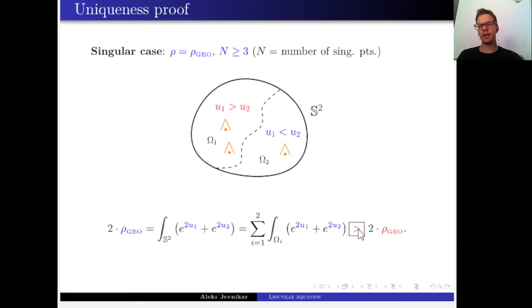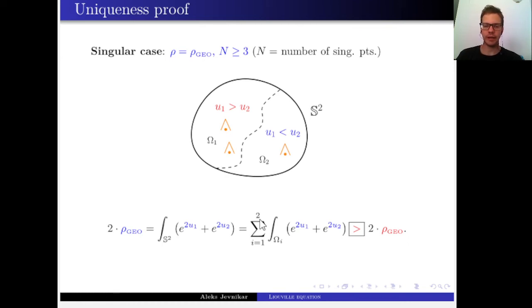So here we have a strict inequality, and this now allows to get a contradiction. Okay, so you really need to exploit the rigidity result of the sphere covering inequality. All right. So this is more or less the idea how you get the uniqueness proof.